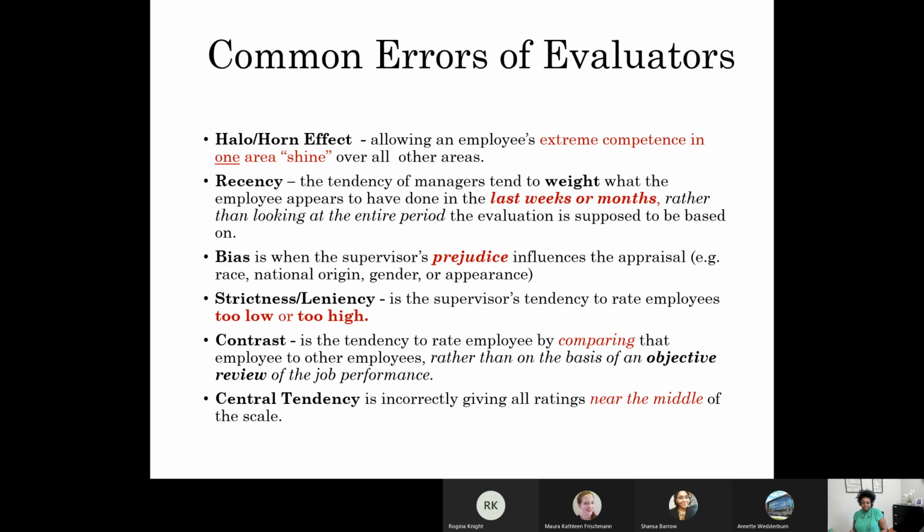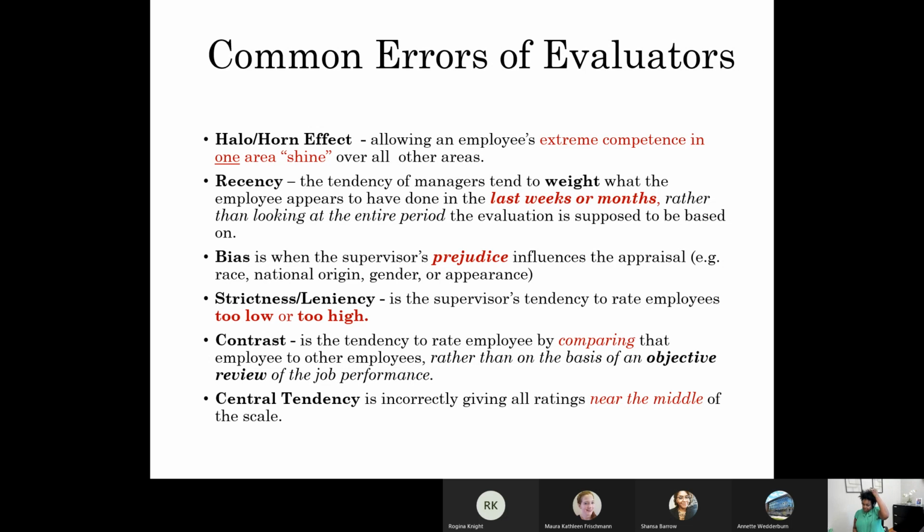So these are just some common errors that we've noticed that some supervisors have made at the end of the cycle. The first one is called the halo horn effect, where, with the halo, you allow an employee's extreme confidence, or with the horn, you allow the employee's extreme weakness, to shine over all the other areas.